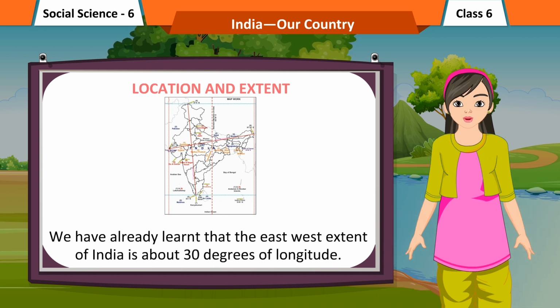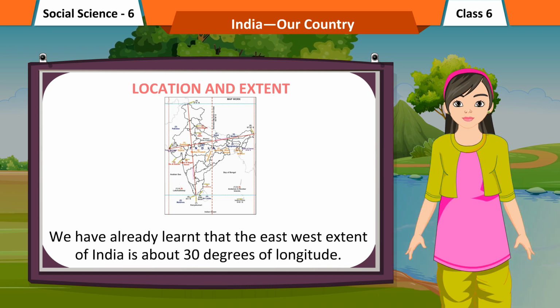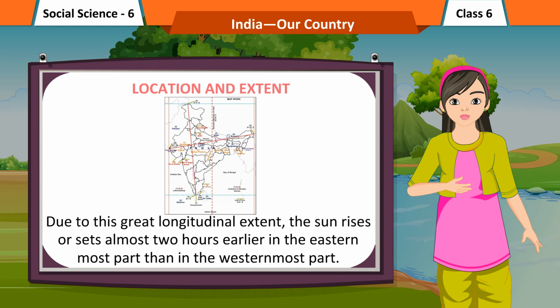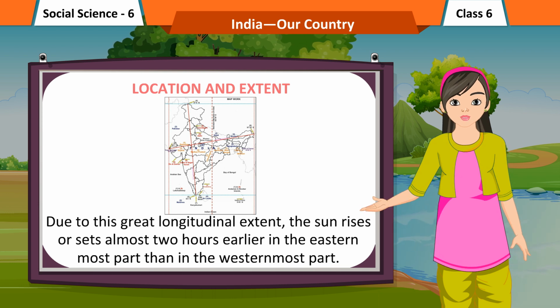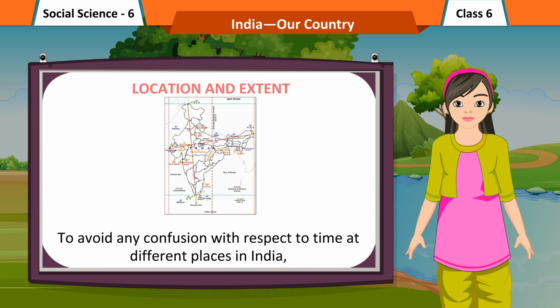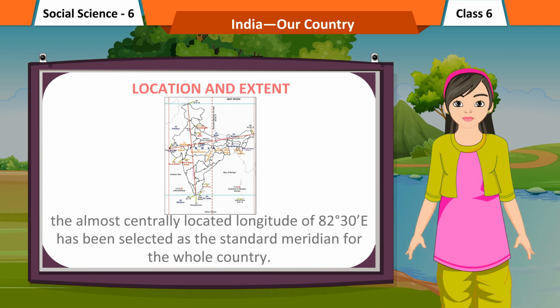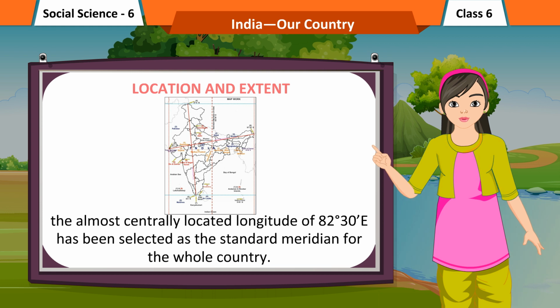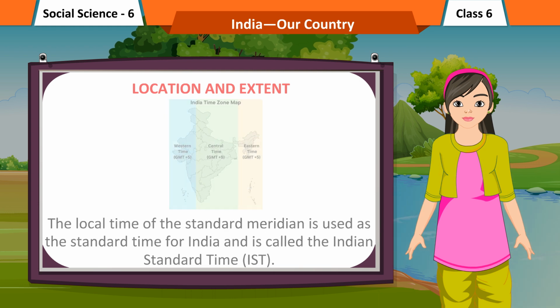We have already learned that the east-west extent of India is about 30 degrees of longitude. Due to this great longitudinal extent, the sun rises or sets almost 2 hours earlier in the easternmost part than in the westernmost part. To avoid any confusion with respect to time at different places in India, the almost centrally located longitude of 82°30' has been selected as the standard meridian for the whole country.